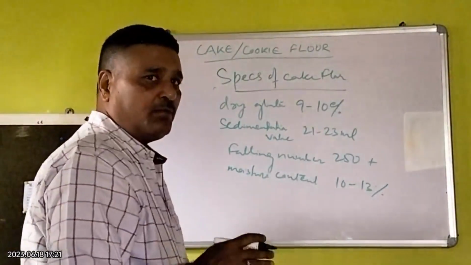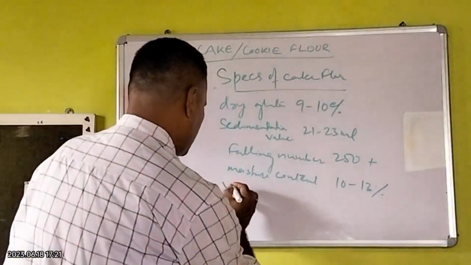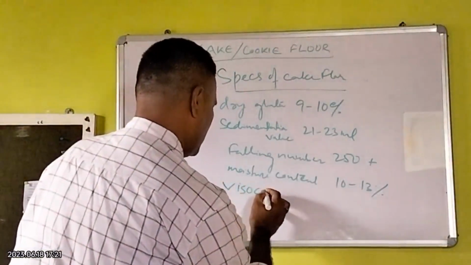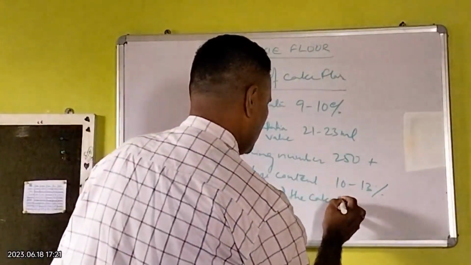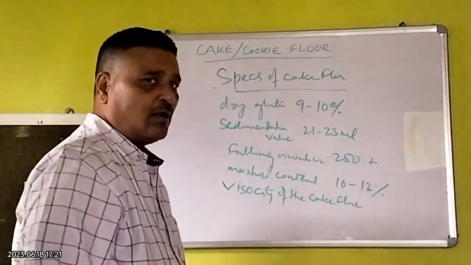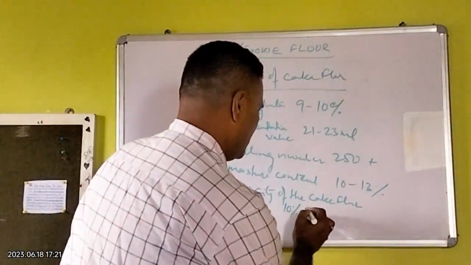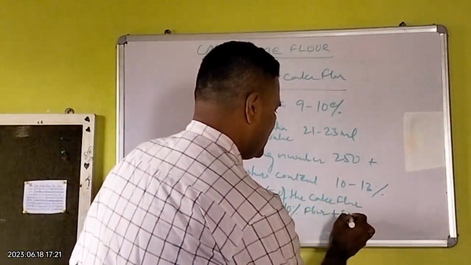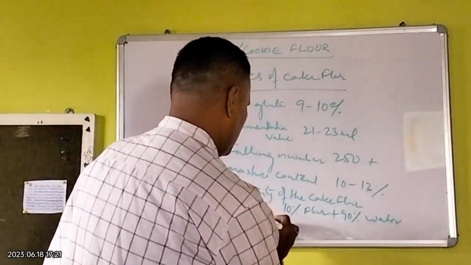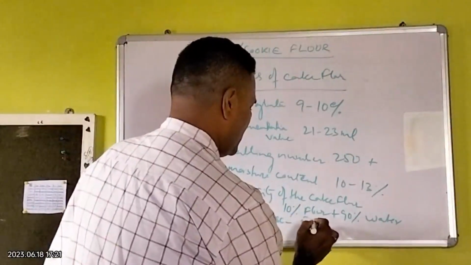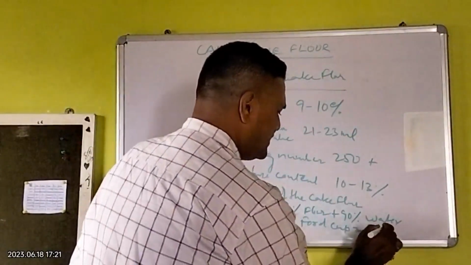And a very important factor in a cake flour is viscosity of the cake flour. So how do you check the viscosity of a cake flour? You take 10% of flour plus 90% water and check the viscosity through a Ford cup meter. Why is this necessary?